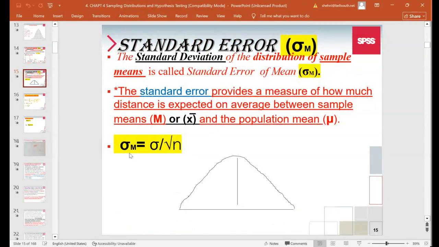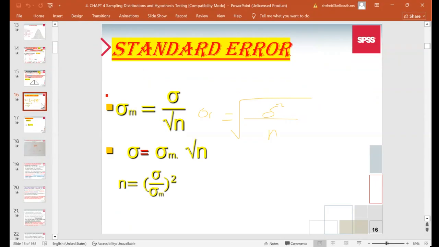So here's the formula for it at the bottom. A standard error is the standard deviation of your sample divided by the square root of n, the sample size. You can always read these slides in detail, so I don't have to just read them.